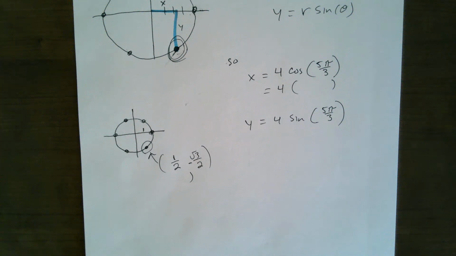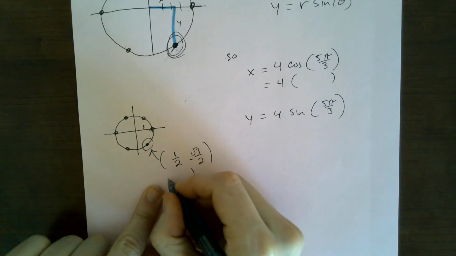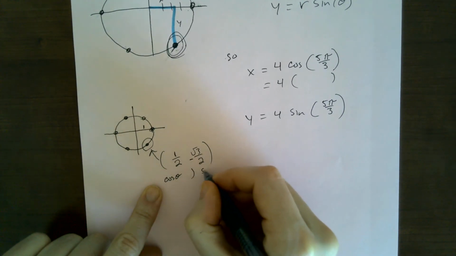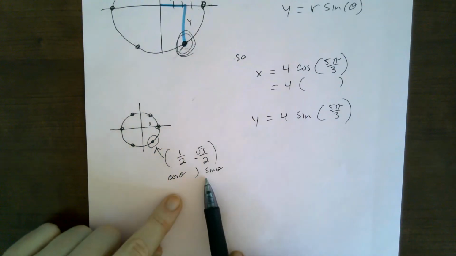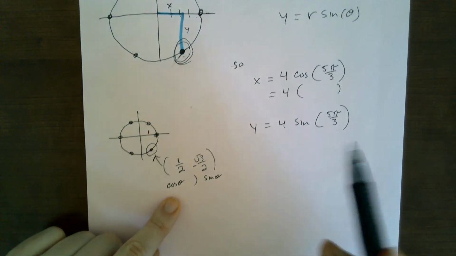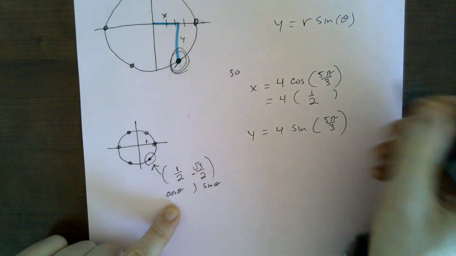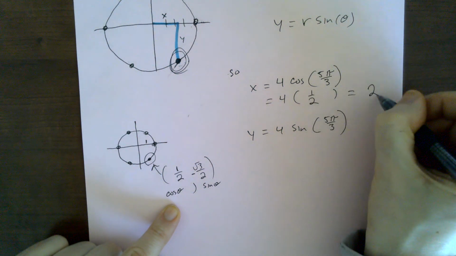So basically, we need to know what is cosine of 5π/3. It's a half. Exactly, it's the x coordinate. So this is cosine of theta, that's sine of theta. It's the x coordinate on the unit circle. So a half is going in here. So that ends up being 4 times 1/2, so that's 2.